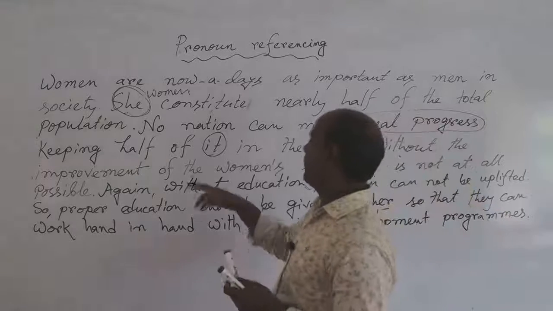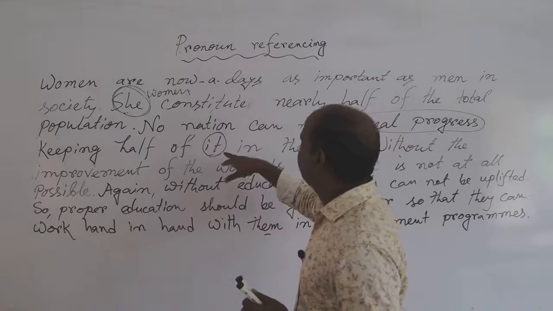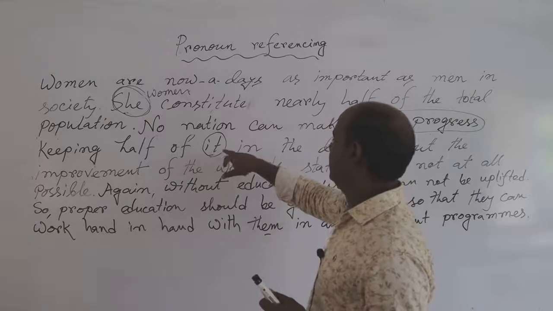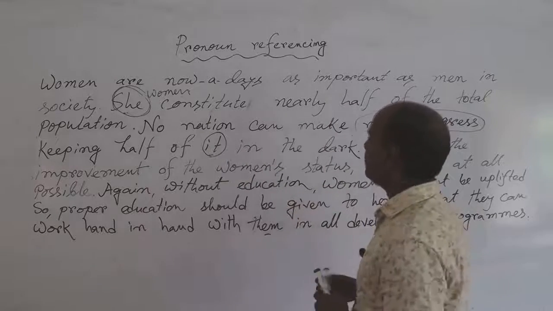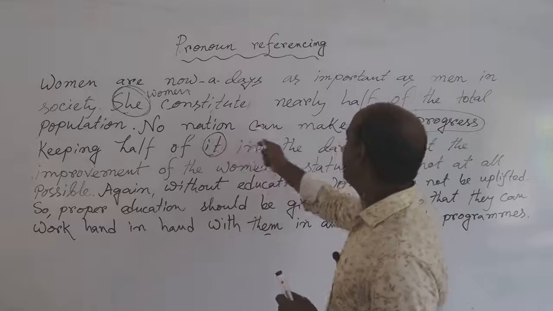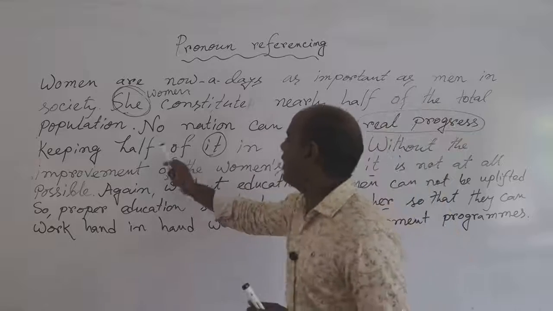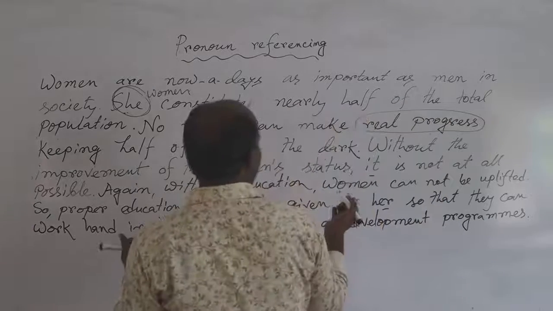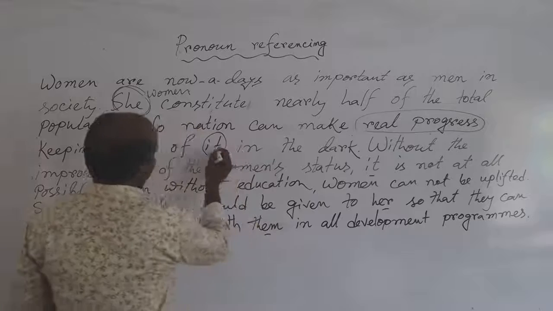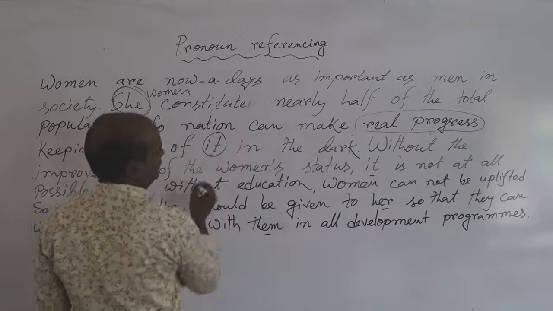But if we don't change this pronoun, then it will be unclear. So no nation can make real progress keeping half of it. It means real progress? No, it is wrong. It means its population.